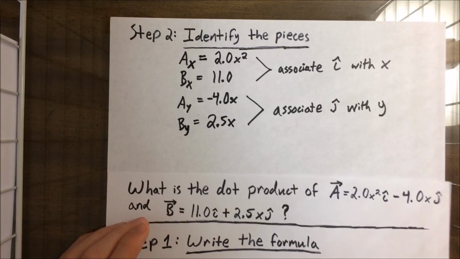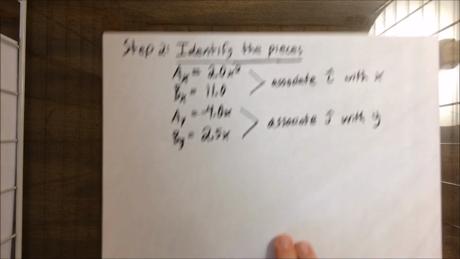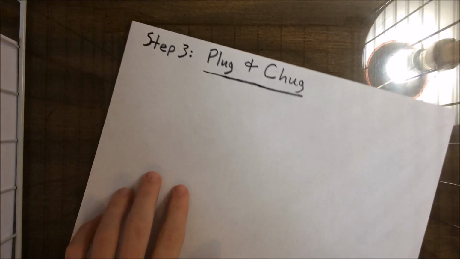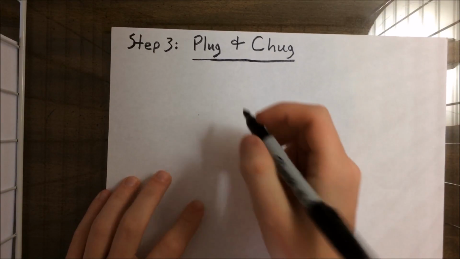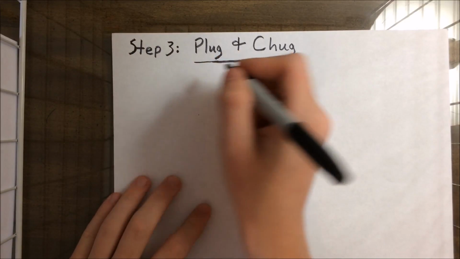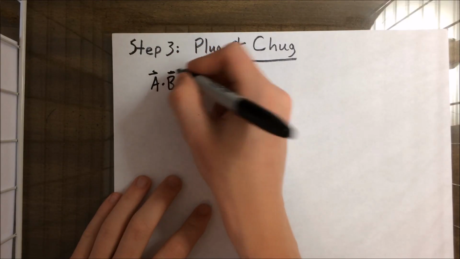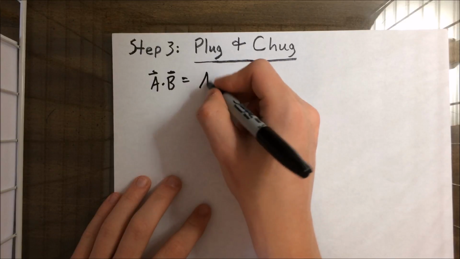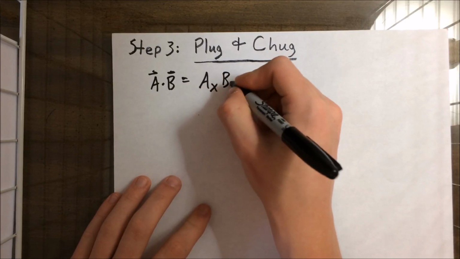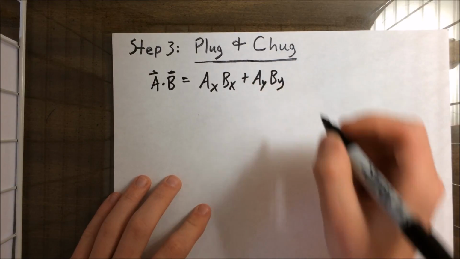Okay, so now that we've identified the pieces, let's look at step 3, which is to plug and chug. So in step 3, we're going to plug it in. Let's write it first. a dot b is equal to a sub x b sub x plus a sub y b sub y.